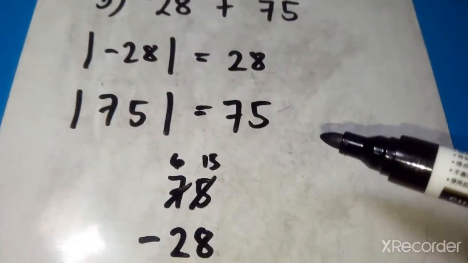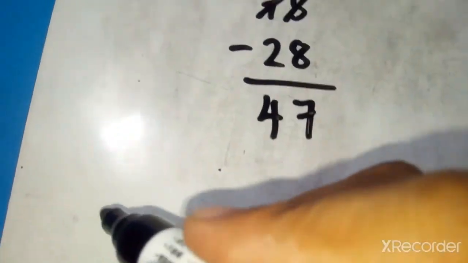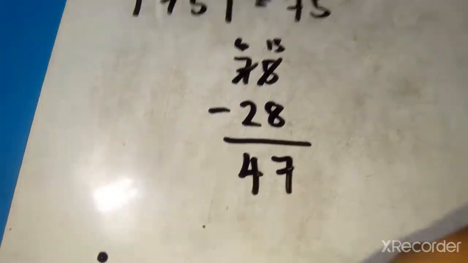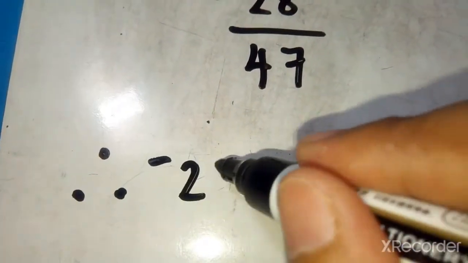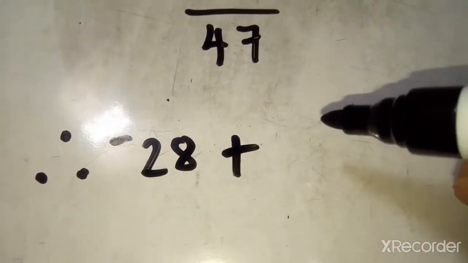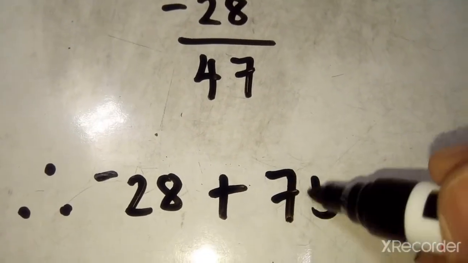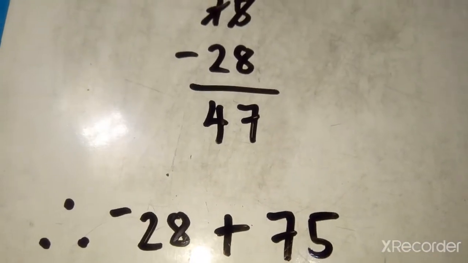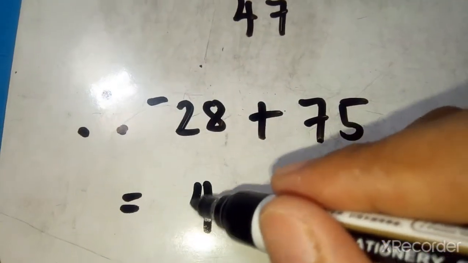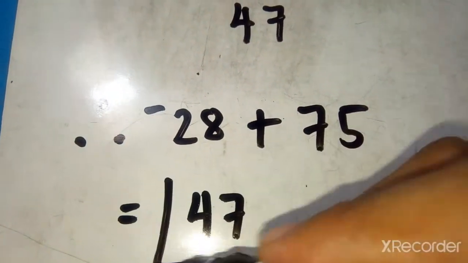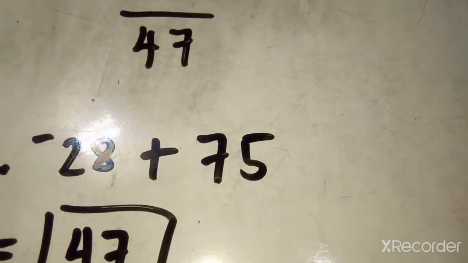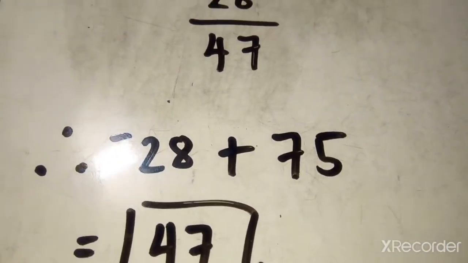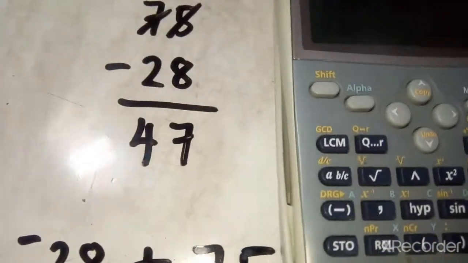Okay, so therefore the sum of negative 28 and positive 75 equals positive 47. Okay, so let's check using the calculator.